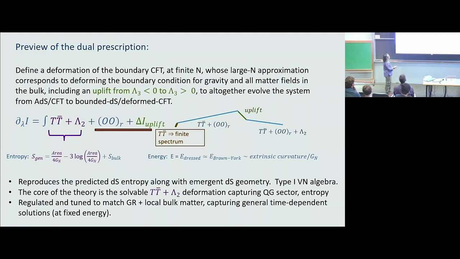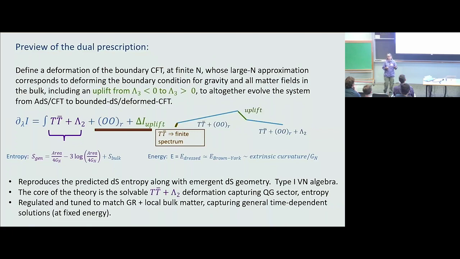Then we do the uplift to de Sitter, and then we start adding this lambda 2 addendum to TT bar plus OO, because that's where we got for after the uplift. That's the thing that matches the quasi-local energies and, as we'll see, the entropy for the de Sitter after the uplift. So it's a 4-part trajectory.